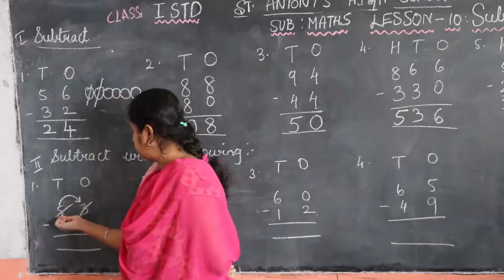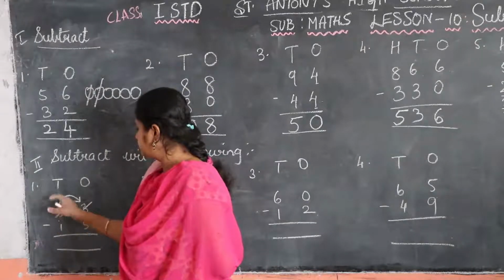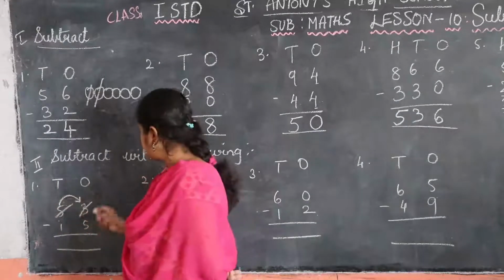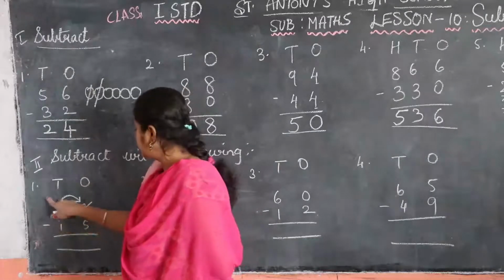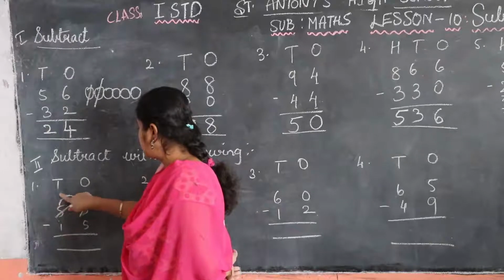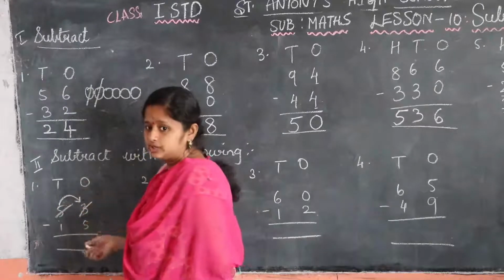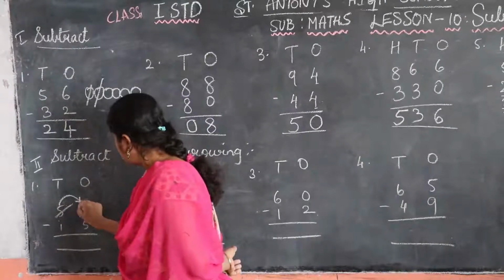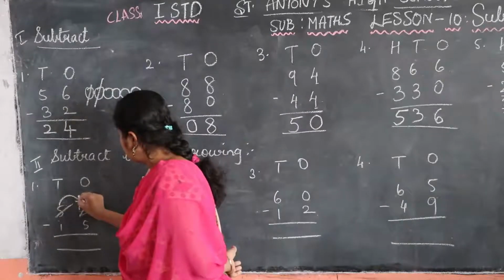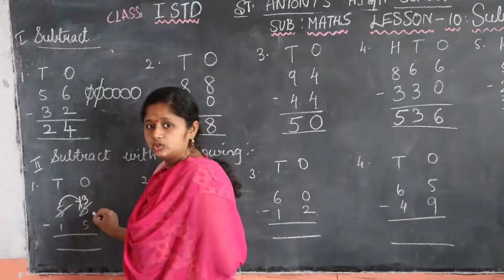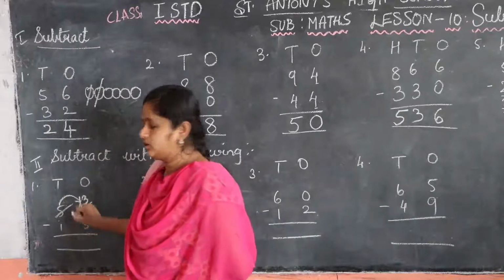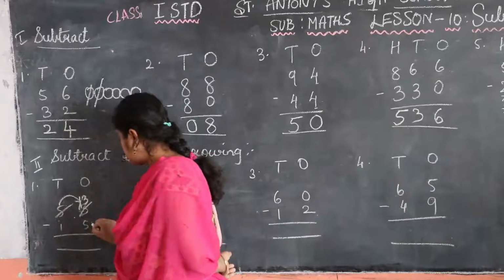If we take 1 from the tens place, how much is it, children? Tens means 10. So we have borrowed 1 ten to the ones place. So how much will it be? 13. So 3 has become 13. 13 minus 5 is how much, children?